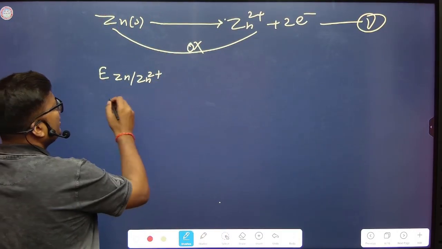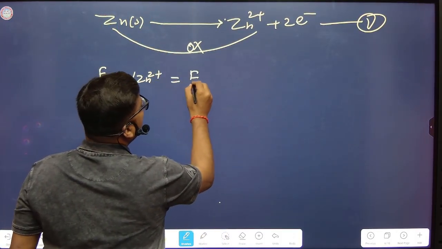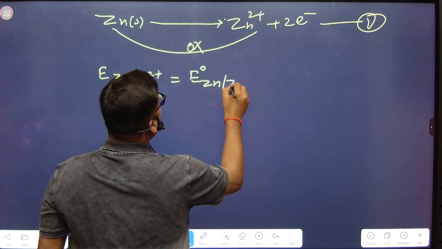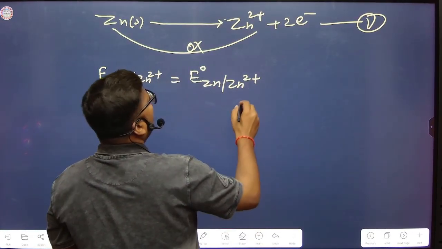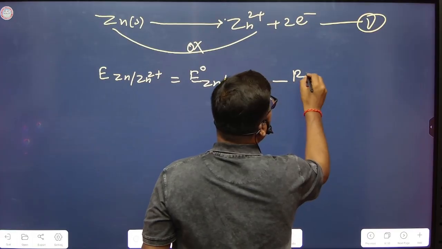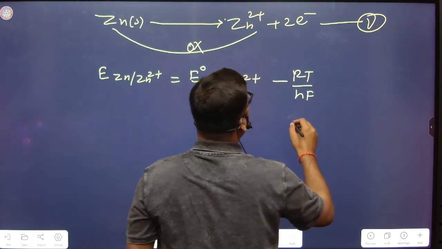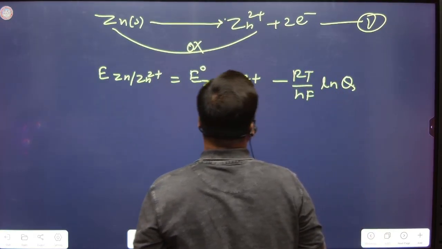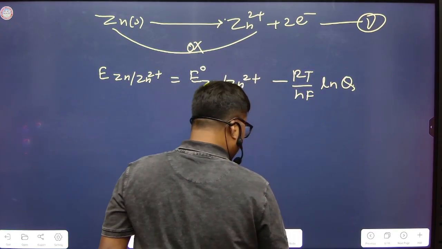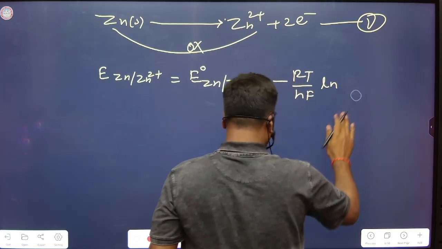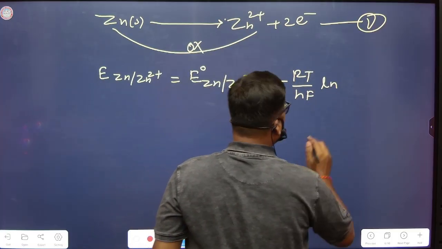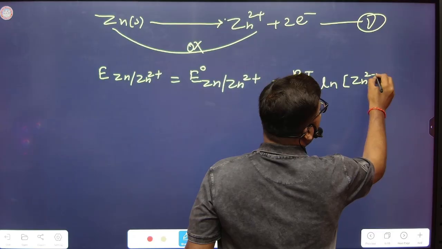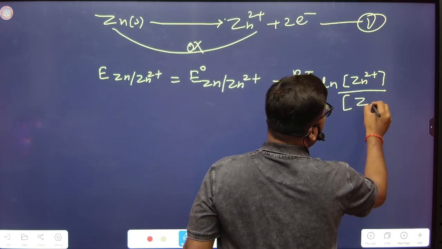So the oxidation potential is equal to E naught Zn to Zn2+ minus RT upon nF ln Q, right? So Q here, we can directly put the value of Q, the concentration of Zn2+ and the concentration of Zn, right?